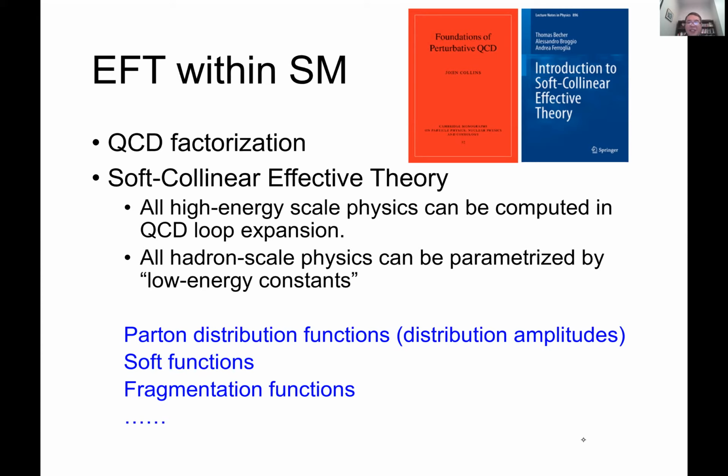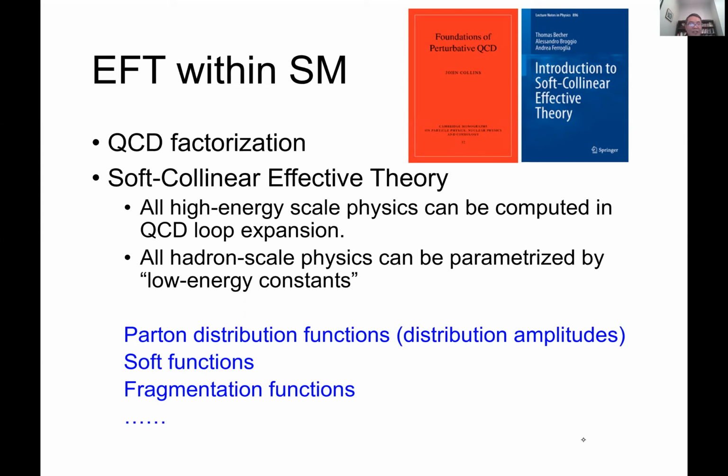You can consult that. So the basic philosophy for this sort of calculation is that all high-energy scale physics is computed in QCD loop expansions. People have been calculating to 2 loops, 3 loops, and leading log, next-to-leading log, etc. Those calculations are critical for those comparisons.